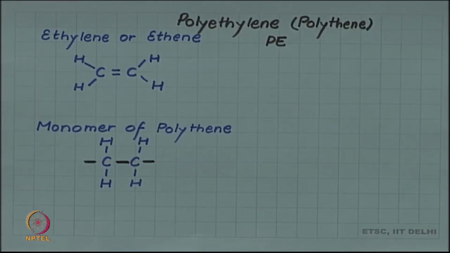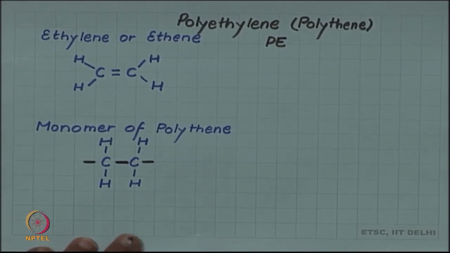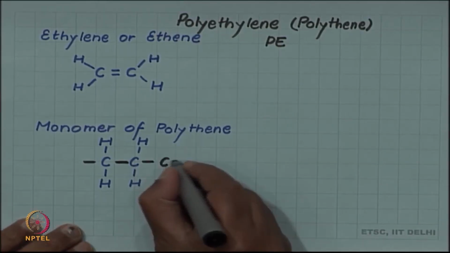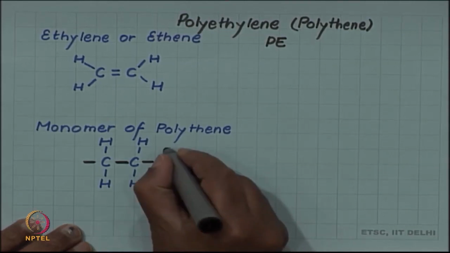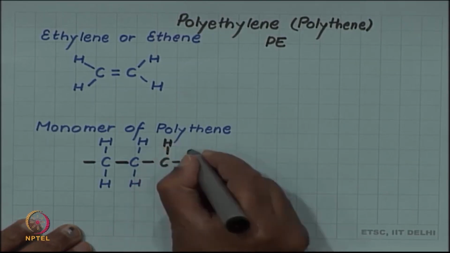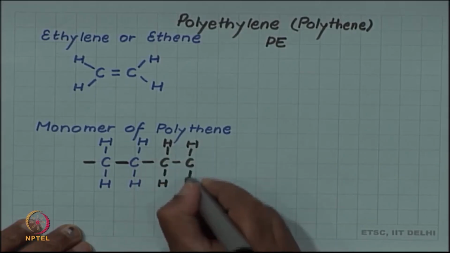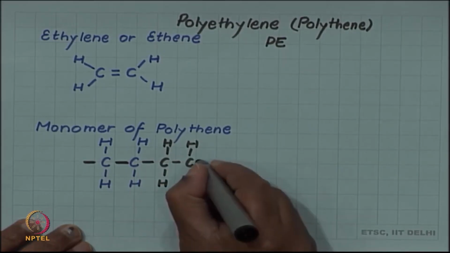So, this is the basis of having long chain. Once these connect with the next carbon atom from a neighboring monomer, then what we have is, we can say, a dimer.